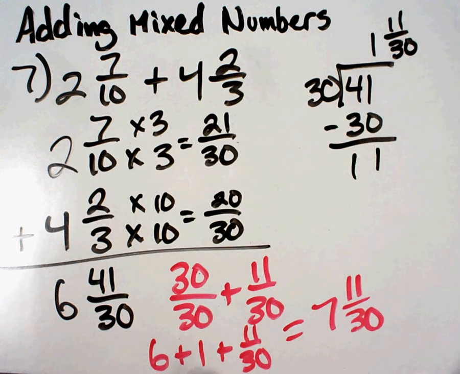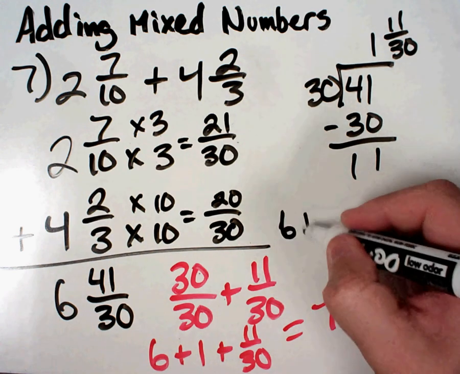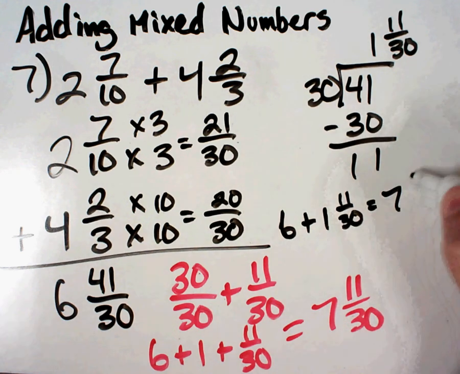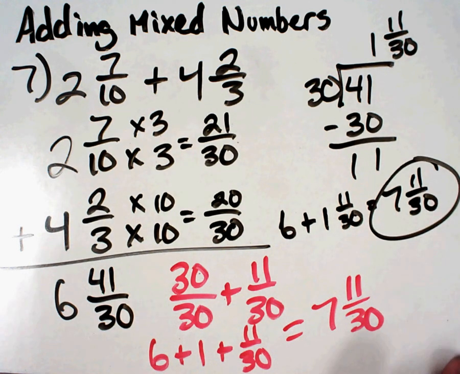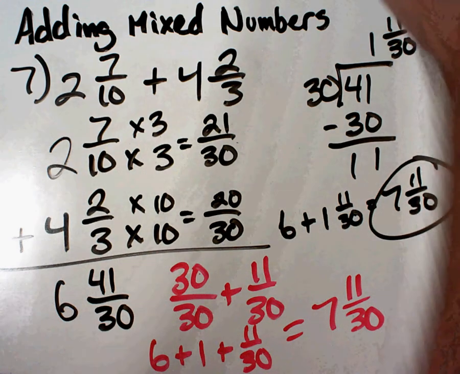So again, I'm ending up with that 1 and 11/30, just like I got down here. So 6 plus 1 and 11/30 gives me 7 and 11/30. Okay.